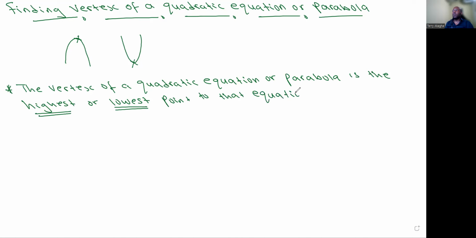So when we talk about the vertex, it is the highest or the lowest point of that equation. For instance, you can have this, which is like the highest point, and this is the lowest point.